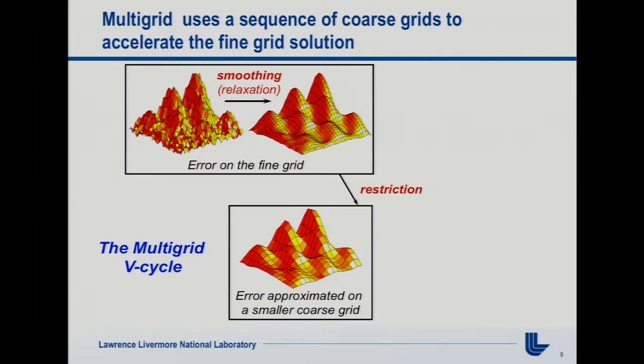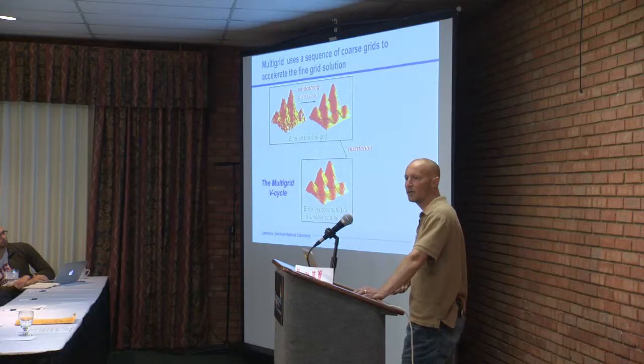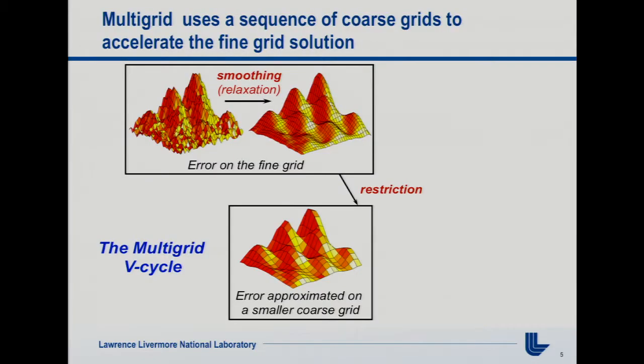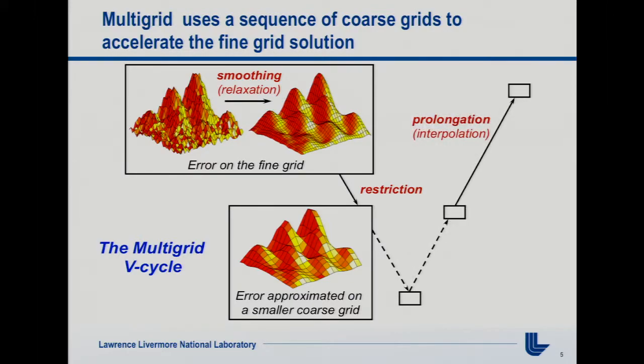And then if you interpolate this back up and correct your current iterate, you'd make very fast progress toward the solution. Now, in practice, this can still be a huge problem. So what we do is just reapply this concept, do additional relaxation here, go to coarser and coarser grids, all the way down to, in HYPRE, a single degree of freedom in some of the solvers. And then you interpolate all the way back up.